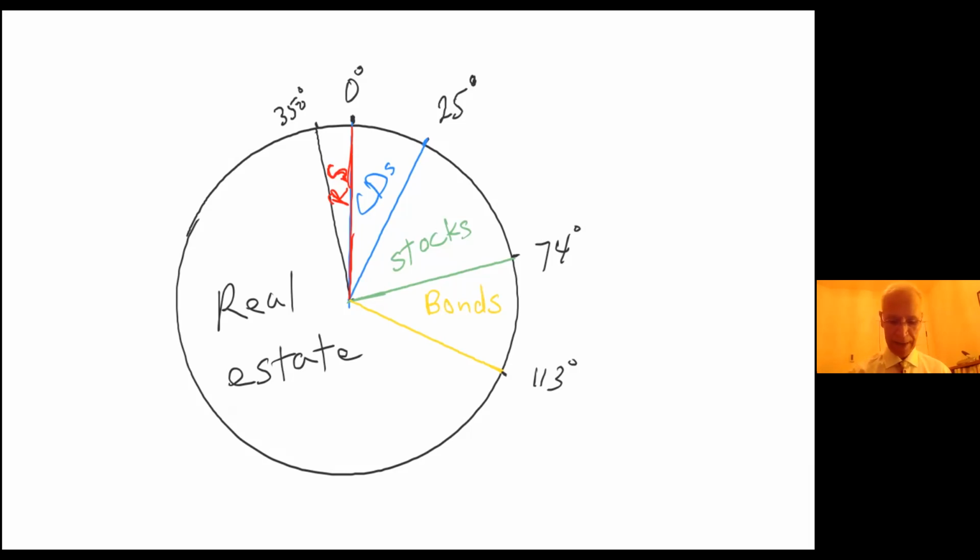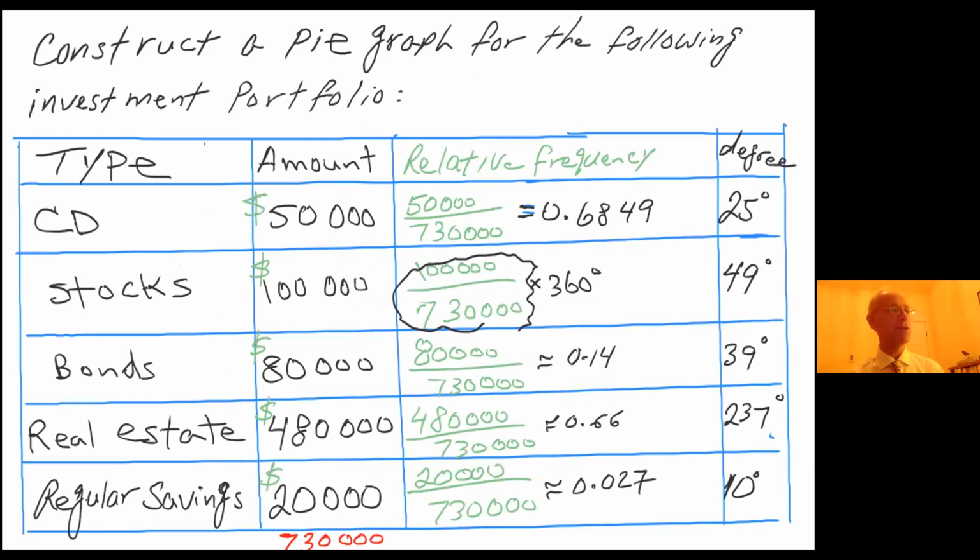So let me go back to the previous page. Once again, the information given was type of investments: CDs, stocks, bonds, real estate, regular savings.